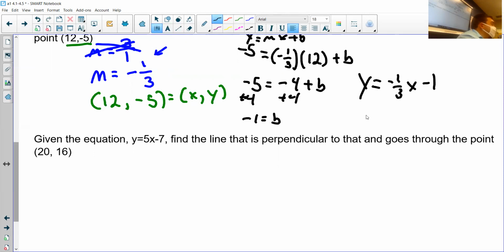I put it at the beginning of class. Parallel is the same. Perpendicular is a negative reciprocal.